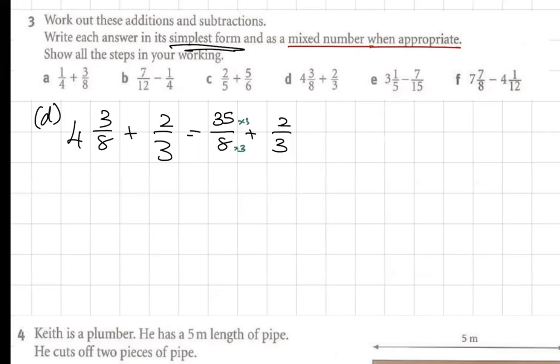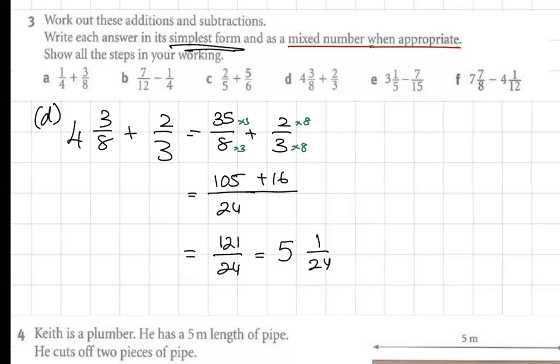It's not necessary though, I just make it a habit to do it so that subtraction works the same as well. So 3 times 3, 9, 5 over 24 plus 16. I get 121 over 24, which should be 5 and 1 over 24.